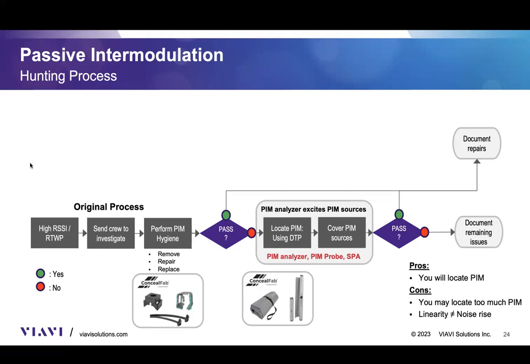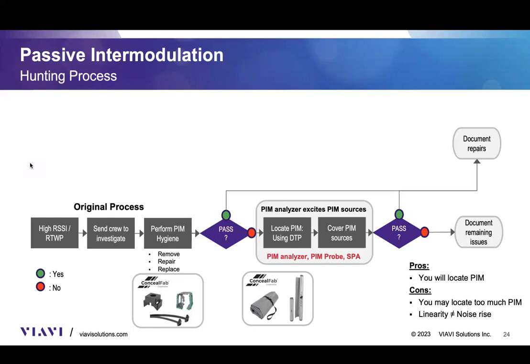And what we've learned very quickly is that there are common sources of passive intermodulation at cell sites that you don't need test equipment to find. We found over and over that loose metal-to-metal contact and galvanic corrosion close to the antenna can create service-impacting PIM.